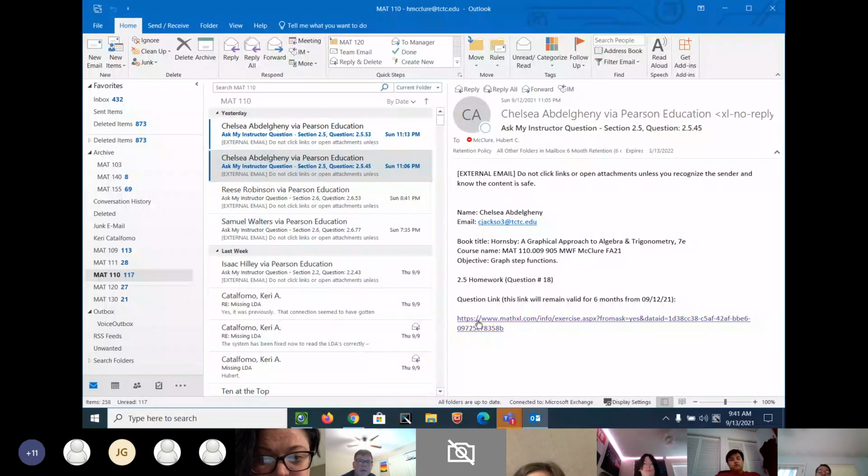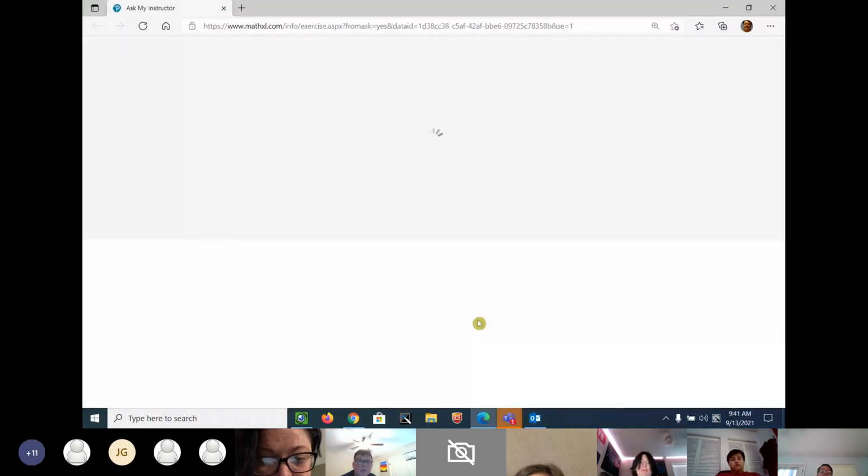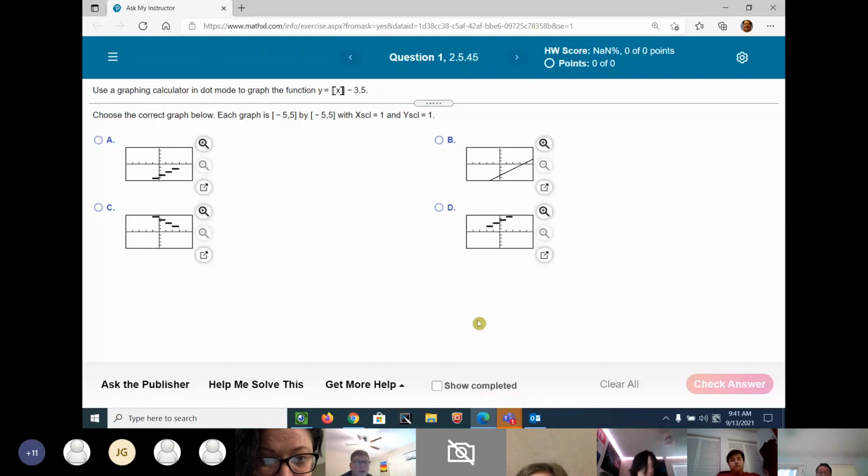Another piecewise function. So we're going to do it in the graphing calculator. So let's pull out your handy dandy calculator.